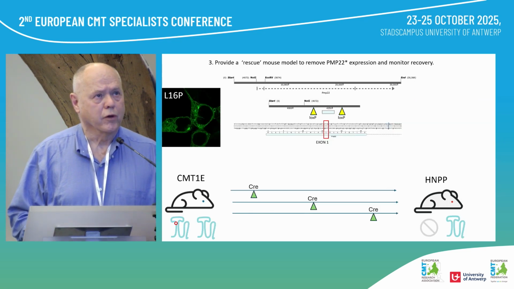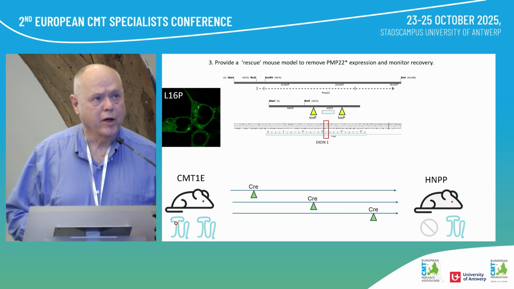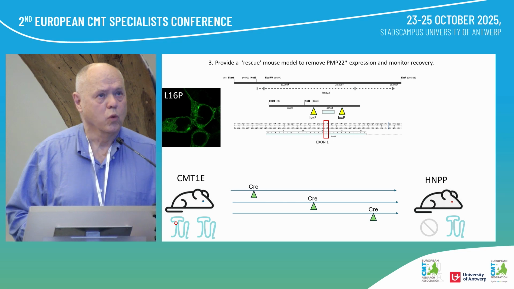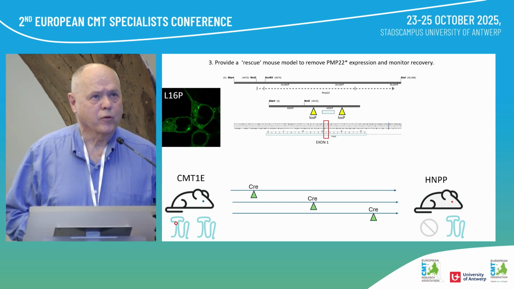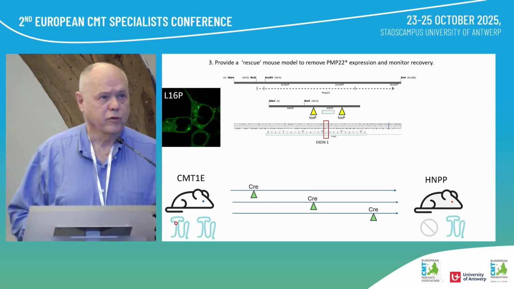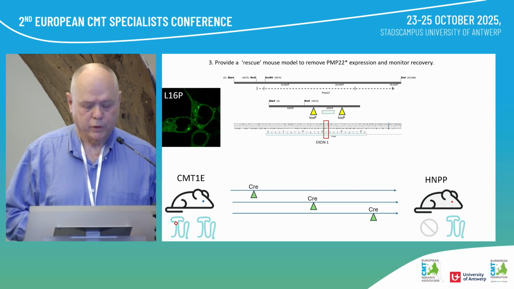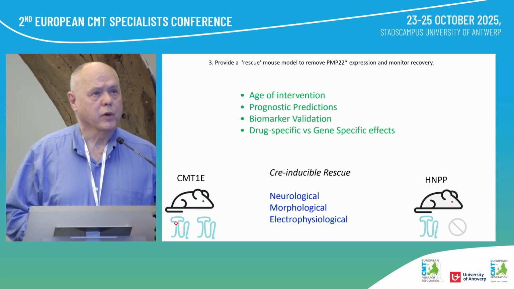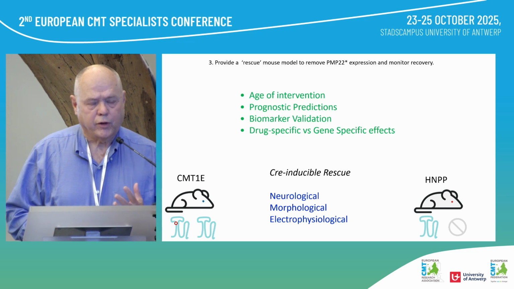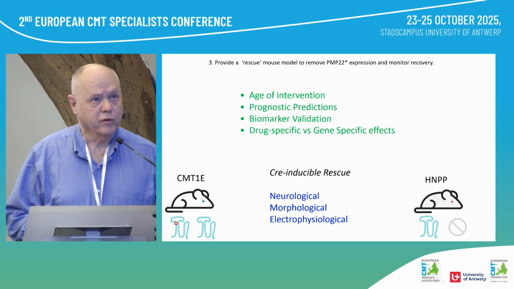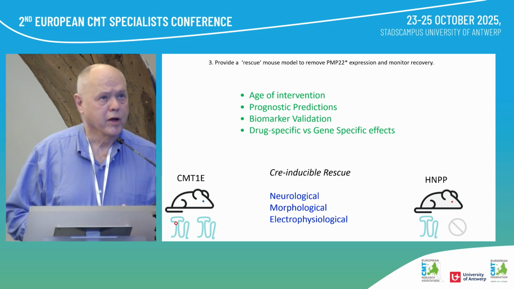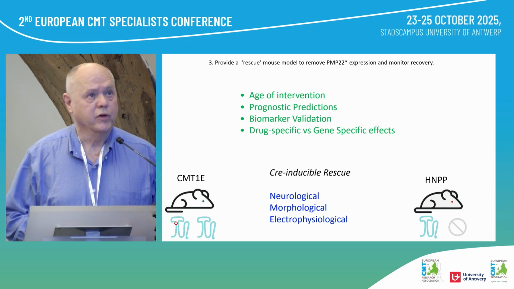Then the last thing that we want to do is develop a rescue animal where we genetically use a Cre-lox system to take out the mutation at different ages using Cre, so that with this mouse we can look at different ages of potential intervention and see what happens when we try to treat an animal early in life or later in the disease.